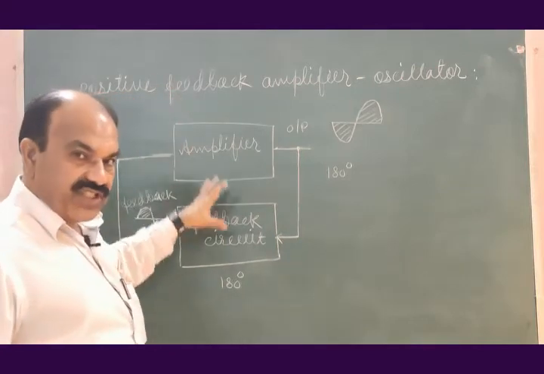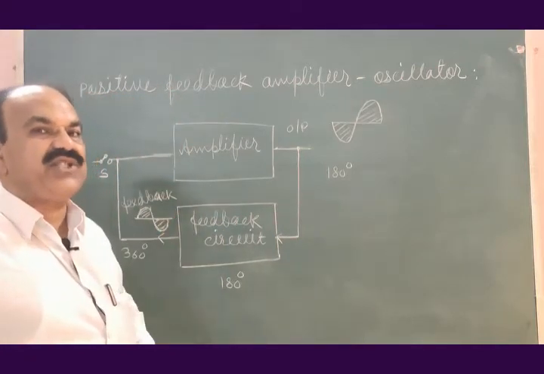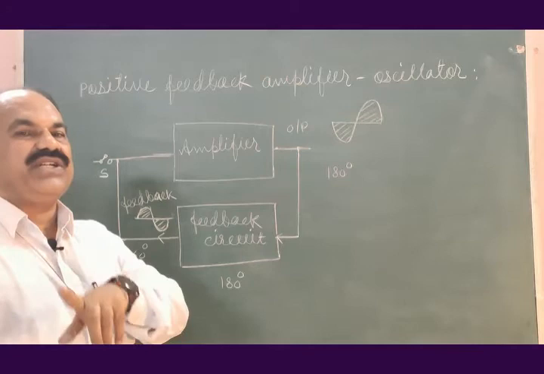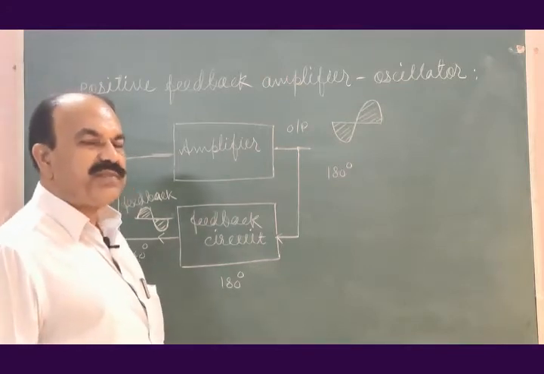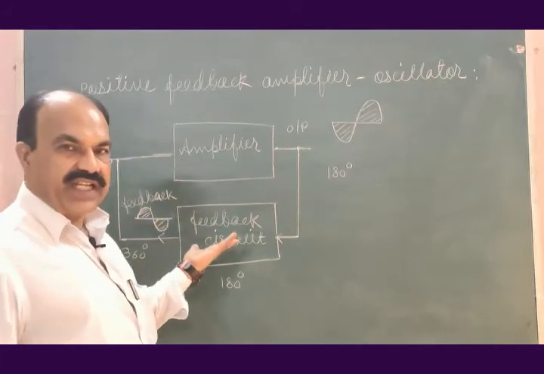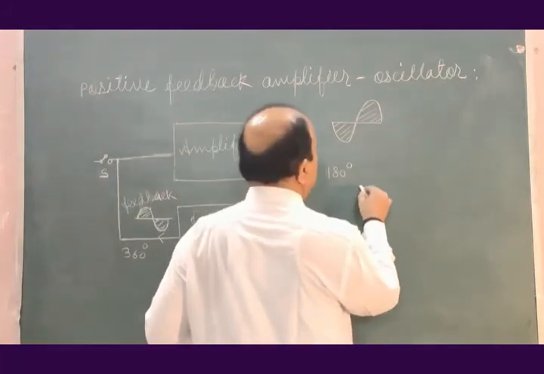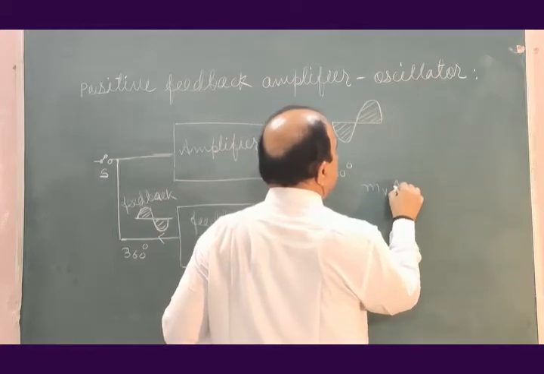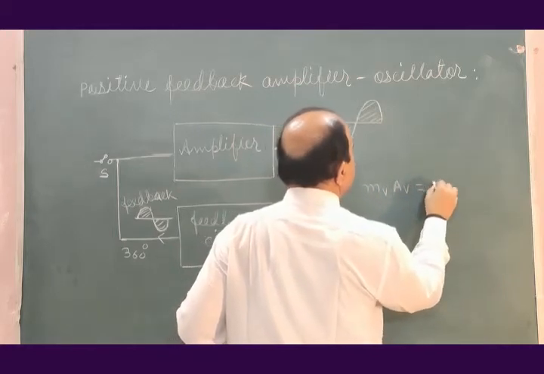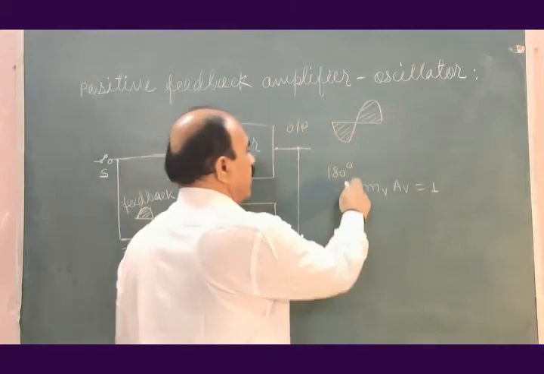For this circuit to work as an oscillator, certain conditions must be met. The condition that must be met in this circuit is Beta times Av should be equal to 1.